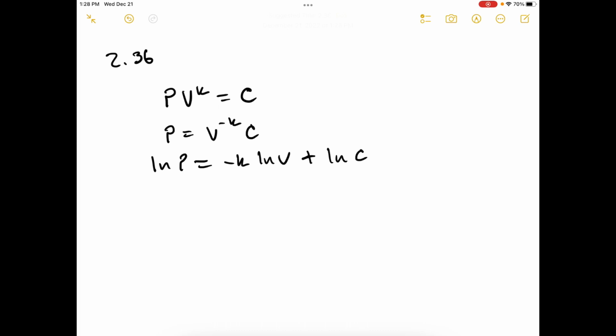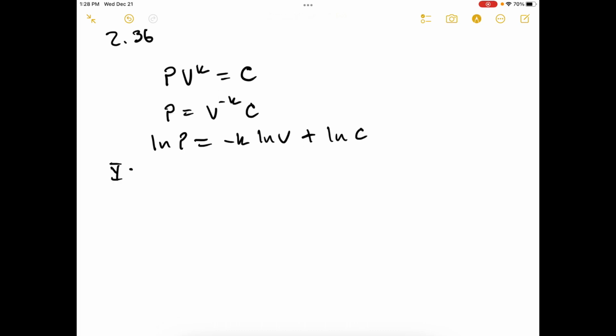Great. Okay, so that looks a lot like a line where y equals the natural log of P, x equals the natural log of V, m equals minus K, and b equals the natural log of C. And our model is a linear model.